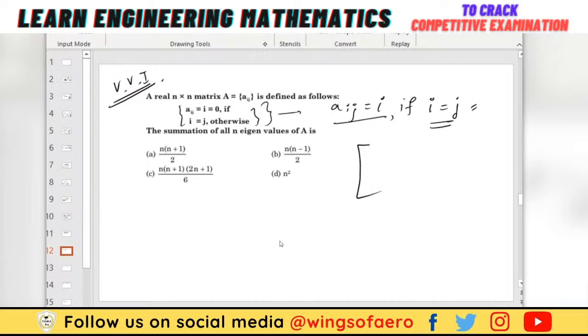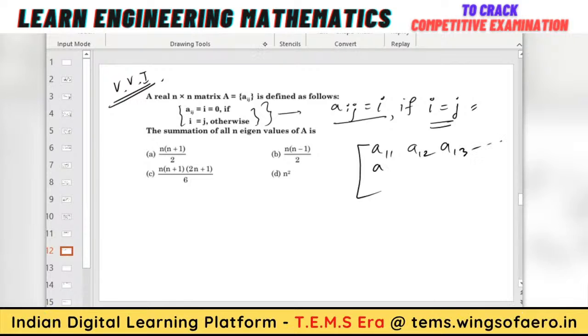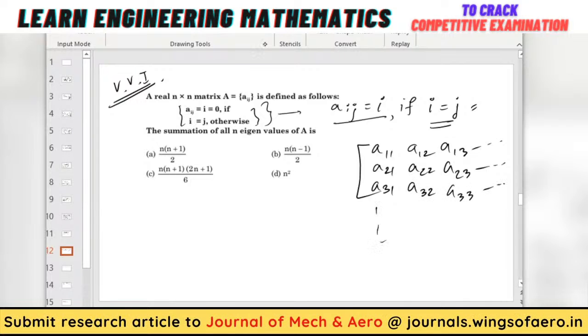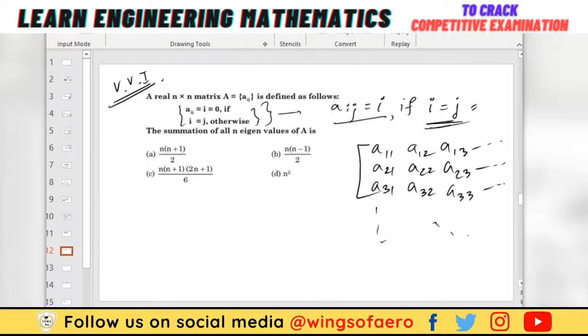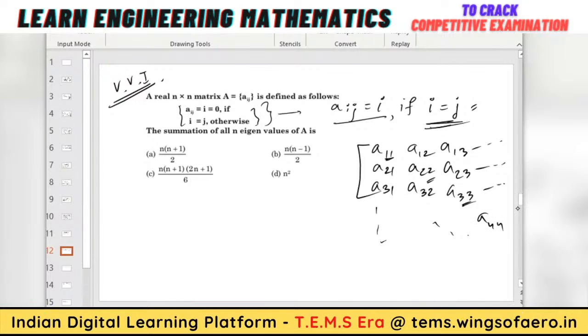We know that a matrix is defined as: A11, A12, A13, A21, A22, A23, A31, A32, A33, and so on. So i is equal to j. What are the elements for which i is equal to j? Obviously the diagonal elements: 1,1, 2,2, 3,3, 4,4, like this and so on.